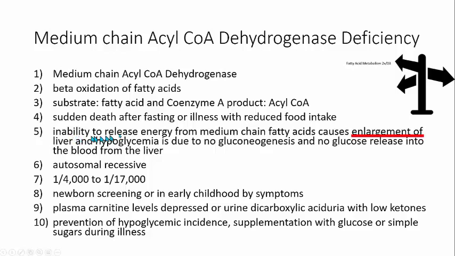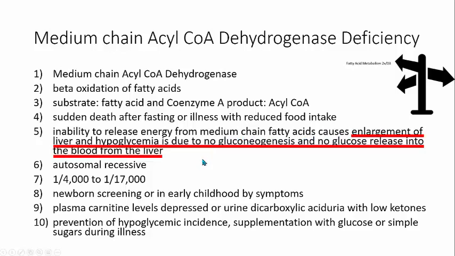The inability to release energy from the fatty acids causes an enlargement of the liver and hypoglycemia, with no gluconeogenesis and no release of glucose into the blood from the liver. We screen these babies at birth for this disease because it is a very common disease happening in many populations at 1 in 4,000 individuals.